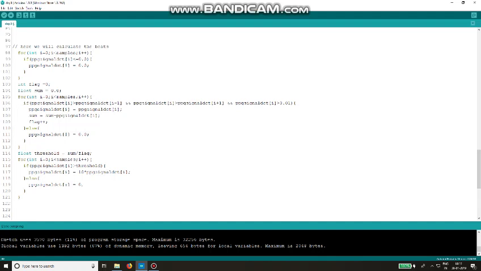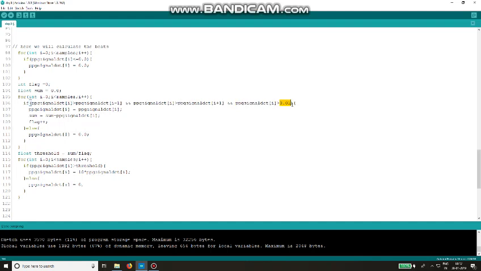Now moving on, here we will be calculating the peaks. This code is actually similar to the last video. It basically tells us that if the PPG signal is less than or equal to 0, we'll conclude that the signal would be equal to 0, and we'll be focusing on the highest point of the ith element. So if the ith element is greater than the i minus 1th element and is also greater than the i plus 1th element, that means it's the highest point in the curve and is also greater than a certain 0.01.